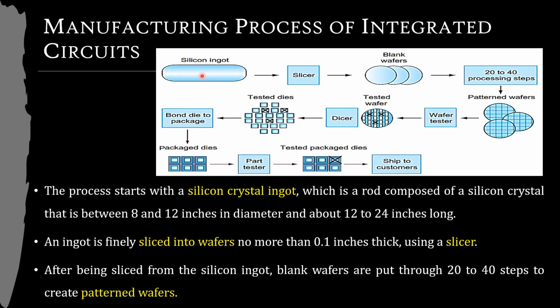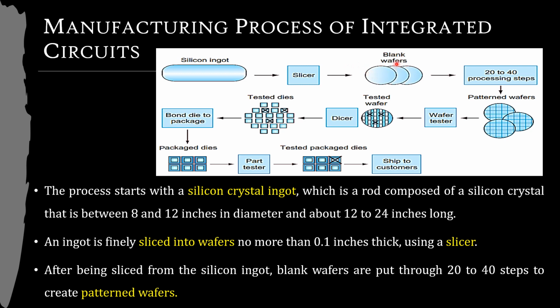This silicon ingot is then sliced into blank wafers using a slicer, and these wafers are only 0.1 inches thick.